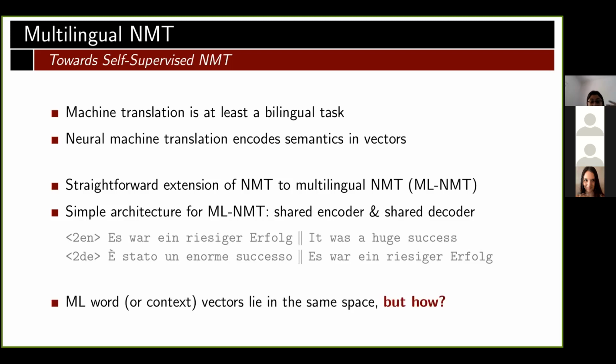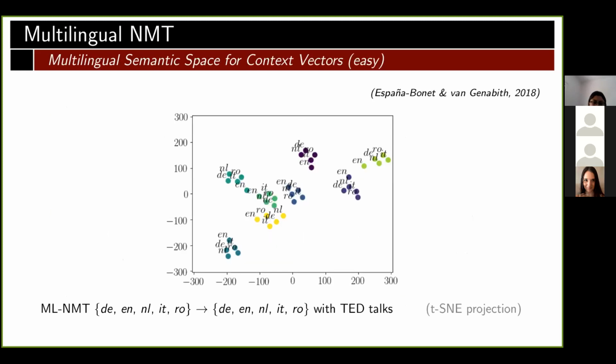So now, if you do this, all the languages will be in the same space in the encoder and the decoder. So all the languages will lie together. But how are these languages distributed in this space? And the distribution is useful for us. I ask this question because, before looking at the results, two different things could be happening.